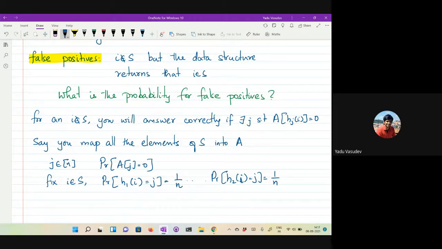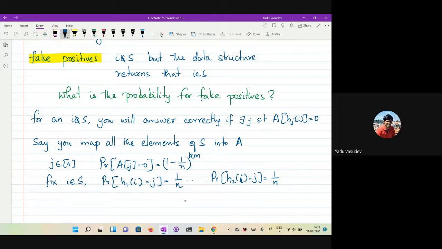So if you want A of j to be 0, then what you want is that every hash function maps i to an index other than j, right? So there are k hash functions. So the probability is 1 minus 1 over n, to the k, right? So this is for a fixed i in S. There are m elements in S. So the probability that all of them are going somewhere else is something like 1 minus 1 over n to the km.